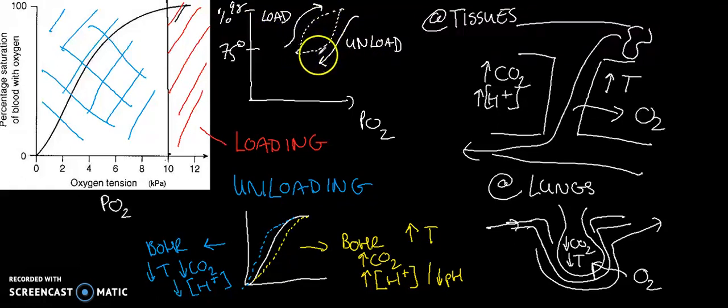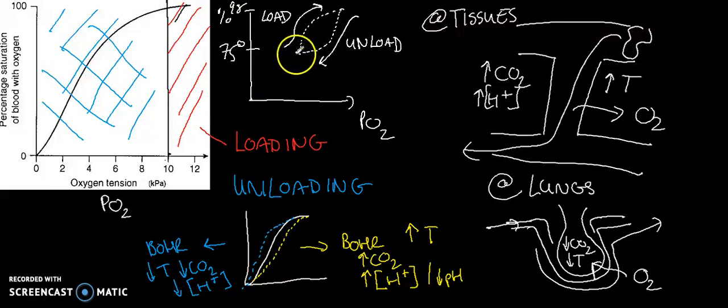So what you've actually got, or what I should say is what you've never got, is this single oxygen dissociation curve. Indeed, what you've always got is a situation where the curve is constantly oscillating from right to left, depending on whether you're in the tissues or in the lungs.